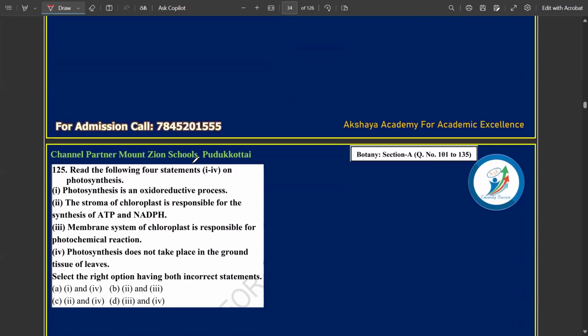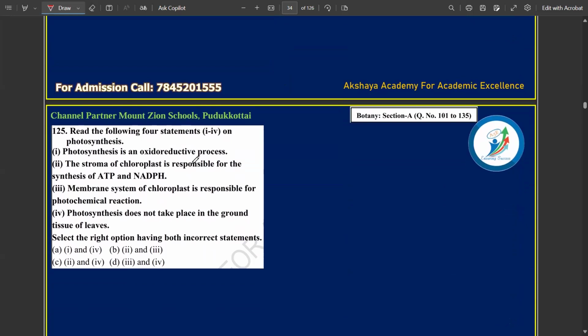Then let's see the next question. The next question asks about the incorrect statement. Let's read the statements about photosynthesis. Photosynthesis is an oxidoreductive process. Yes, because oxidation also happens, reduction also happens. It's true.